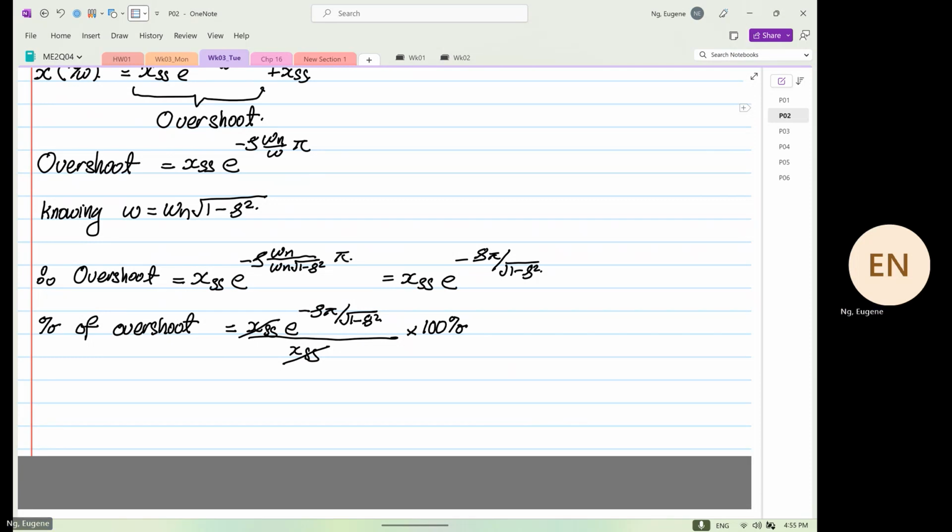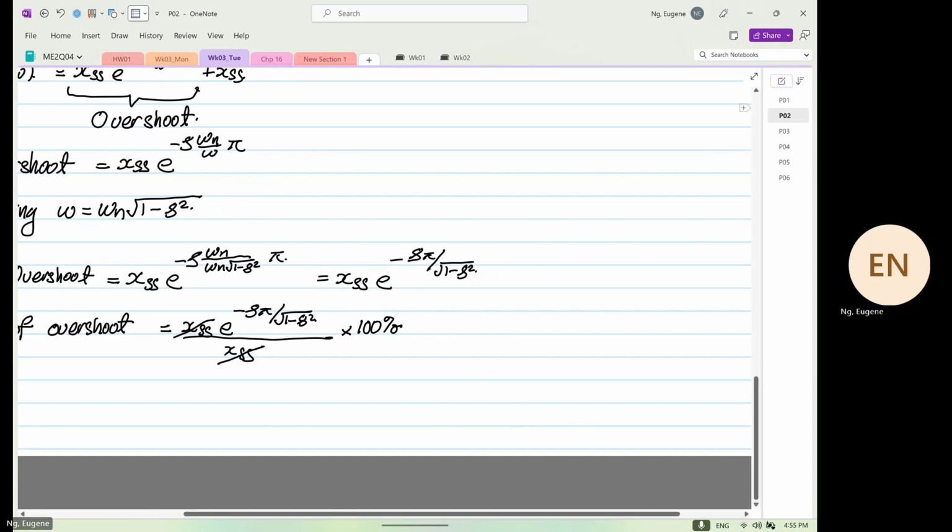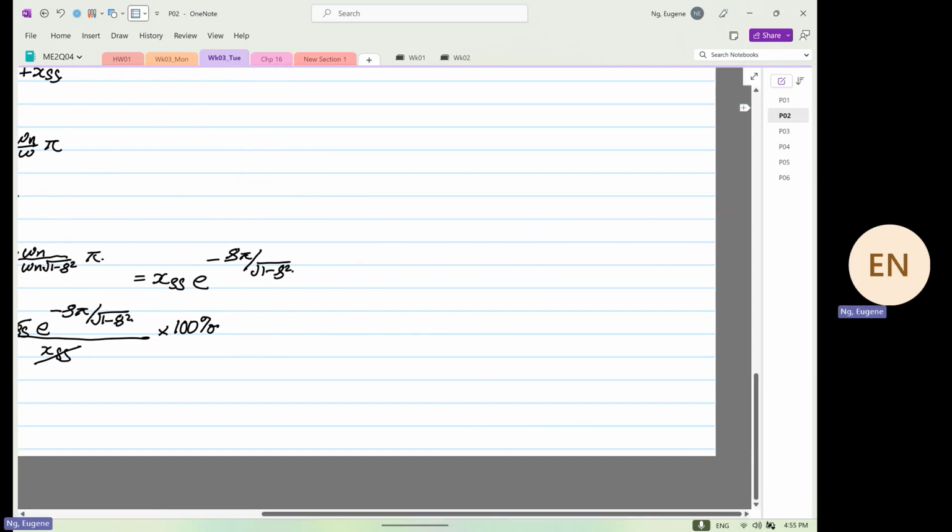Right. So now I'm going to create a table where this table will have damping ratio, which is our zeta. Okay. And then we have our percentage overshoot.